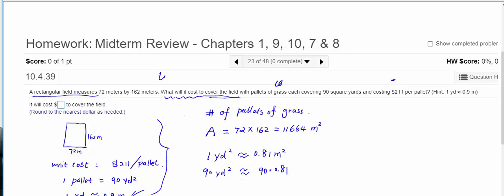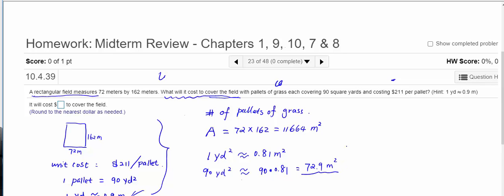So multiply these two together, then you will get 72.9 square meters. So if 1 square yard is approximately 0.81 square meter, then 90 square yards will be approximately 72.9 square meters. Okay, so that's how big a pallet of grass is.